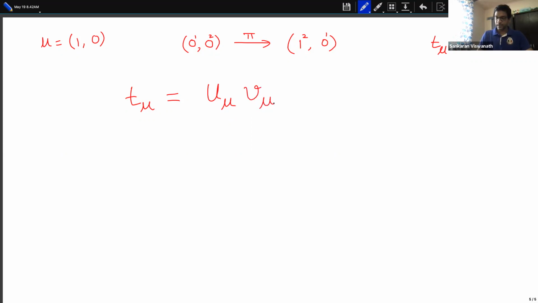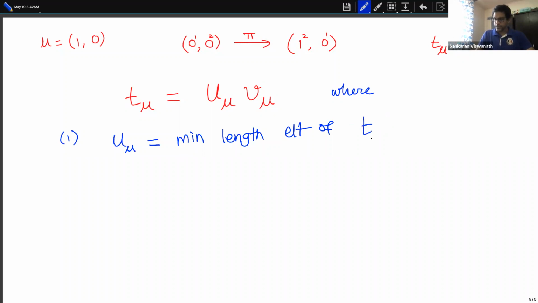the Sn. So T mu can be written like this, where u mu and v mu have the following properties. Let me just remind you. U mu is nothing but the minimal length element of the finite coset T mu Sn.